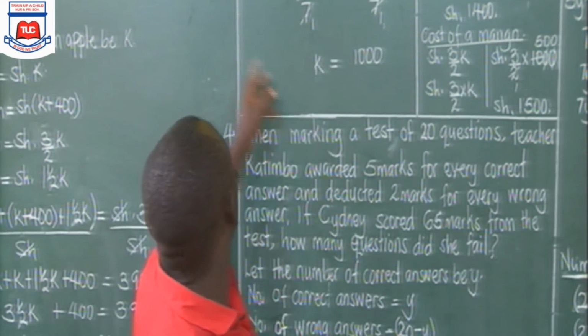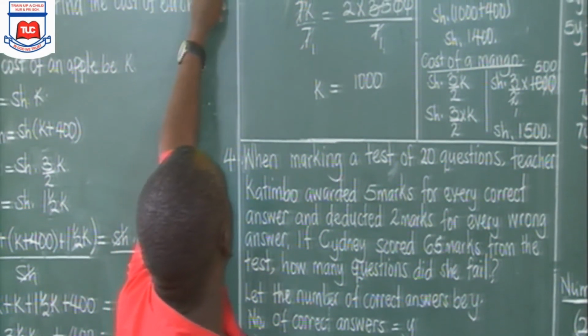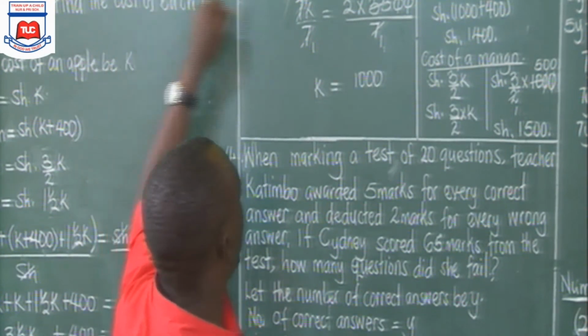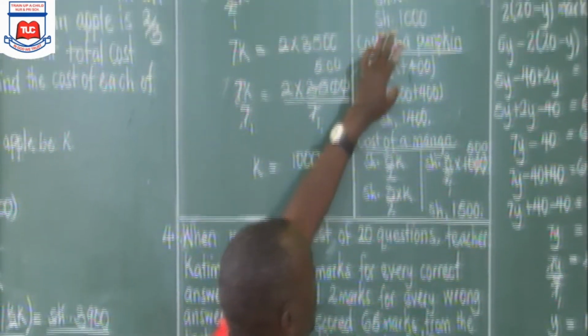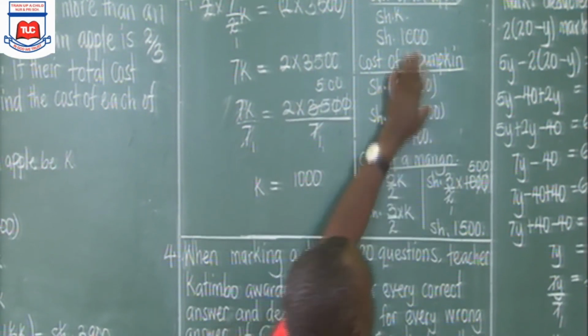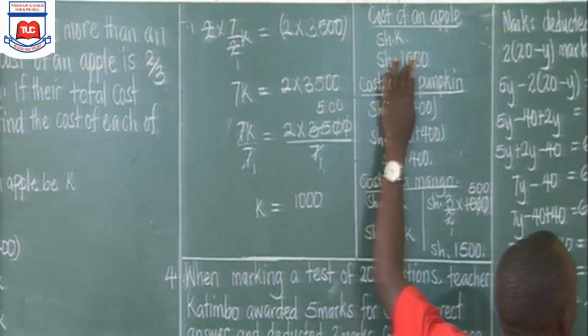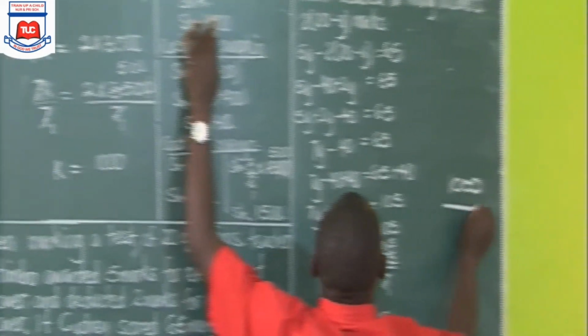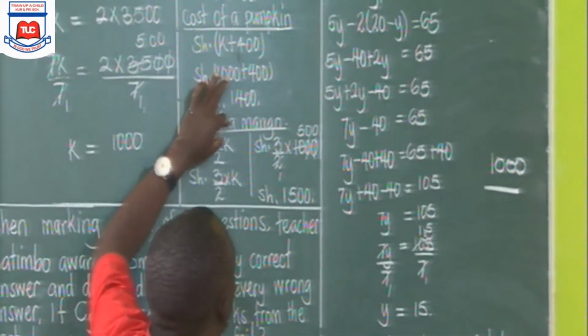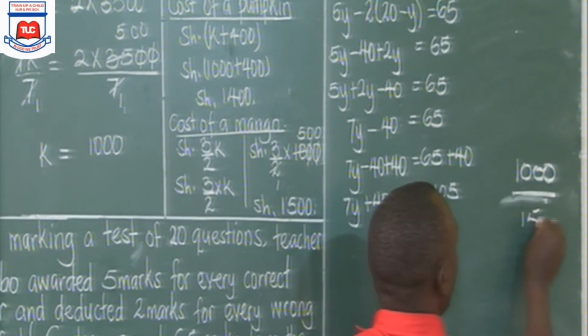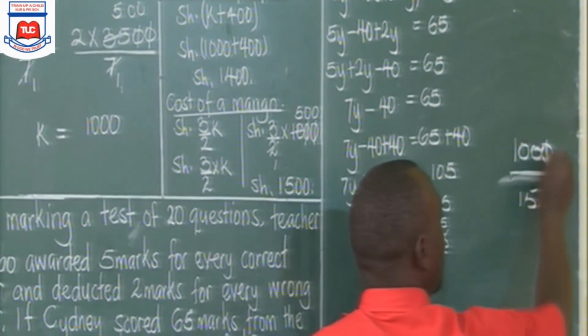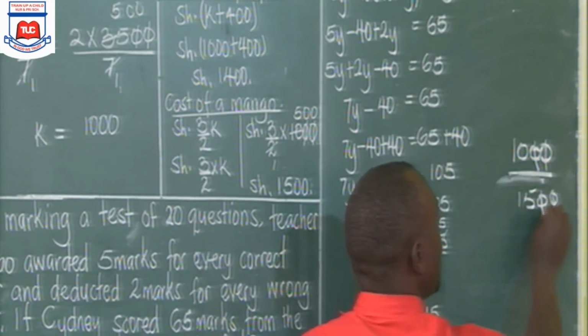Another proof is the cost of an apple is 2/3 that of a mango. You can check. So look at the cost, which is 1,000, written out of the cost of a mango, which is 1,500. Reduce by 10, by 10, by 10.